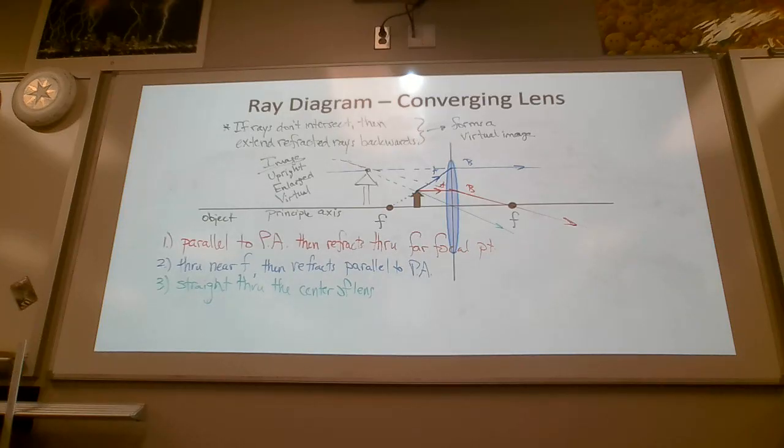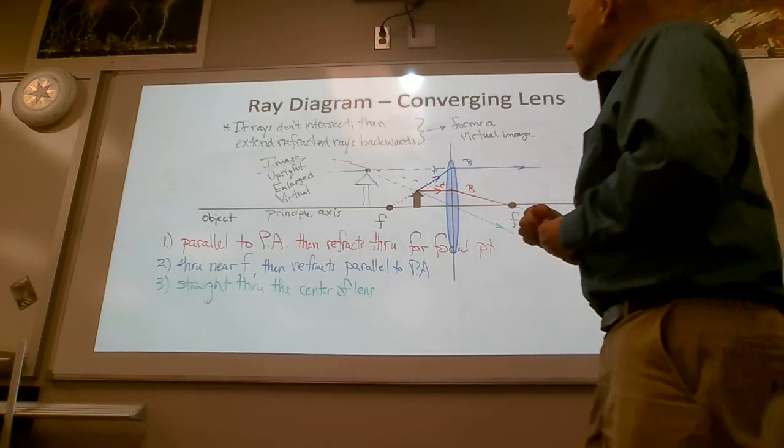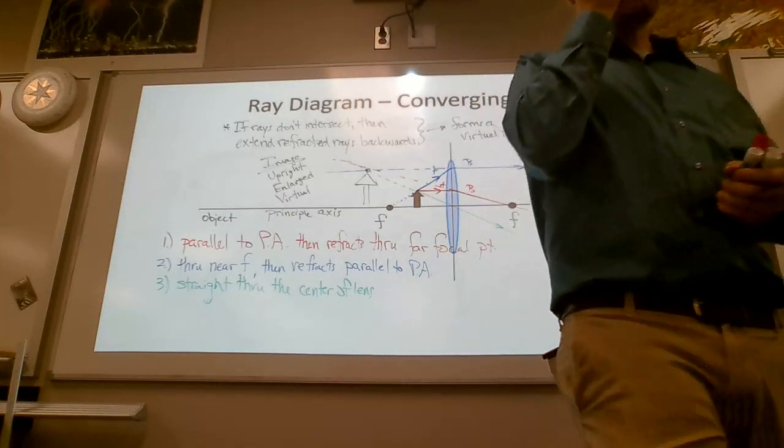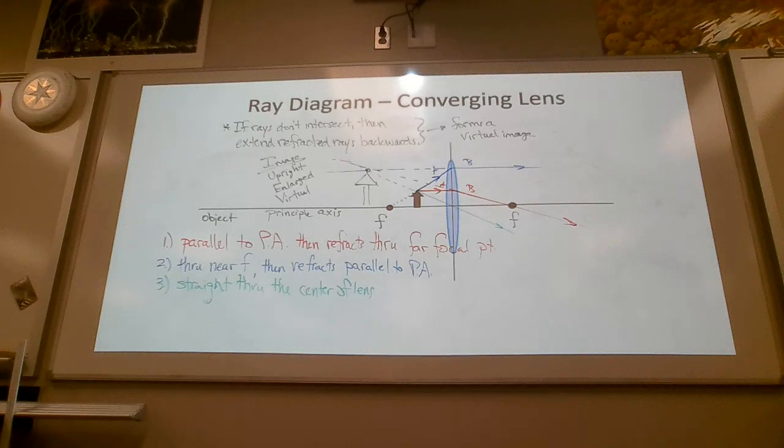Like the lens in your eye is converging. And so even though this doesn't make a real image, your eyeball brings it together and makes an image on the back of your retina. We can see virtual images because of this. You just can't project it onto a screen.